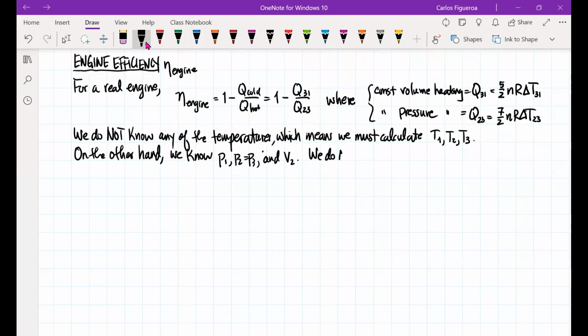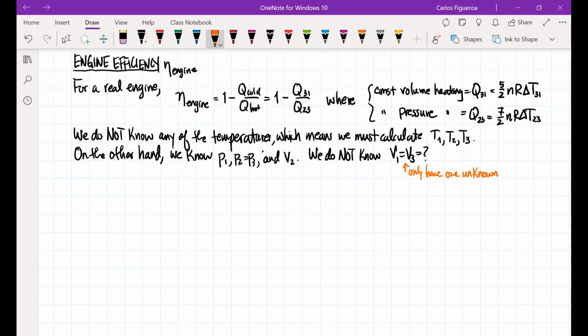We do not know V1, V3. So if I calculate the temperatures, I have to calculate 3 quantities, while here we only have one unknown.